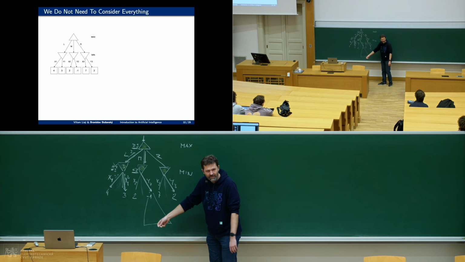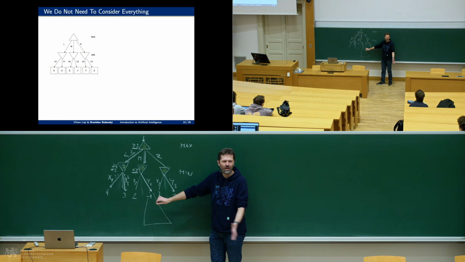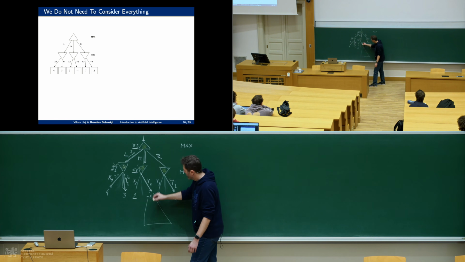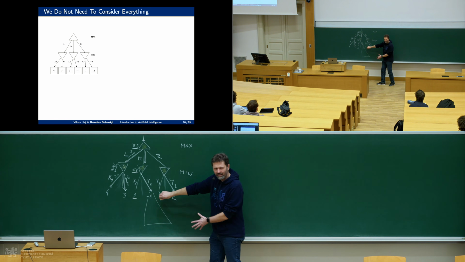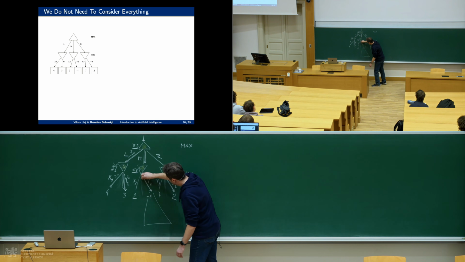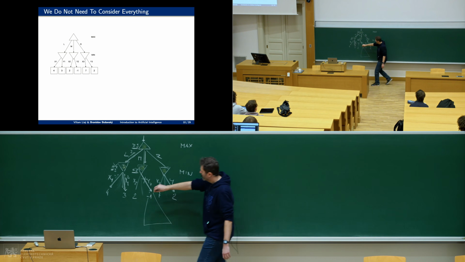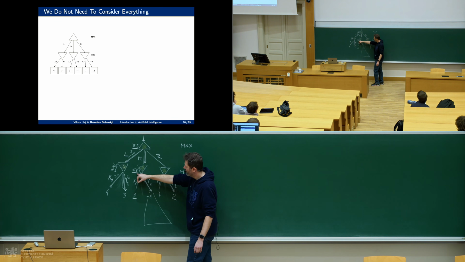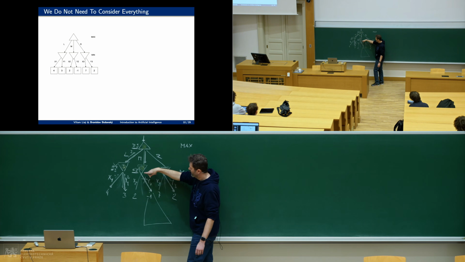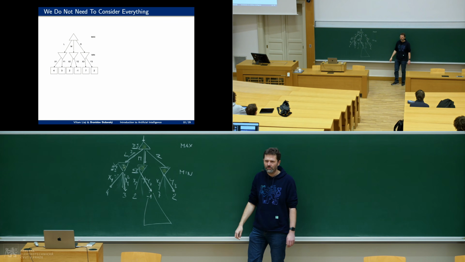Even if there is 1 million, if there is a best strategy, best outcome for player 1, this will never be reached, right? Because if there is 1 million, the minimizing player will choose 2. So I don't really have to explore this branch. And after finding out that this value is at most 2, I can stop exploring and searching in this node, and I can backtrack to the root node.